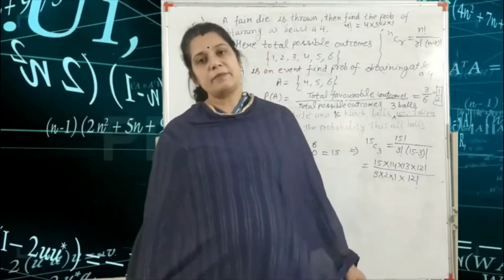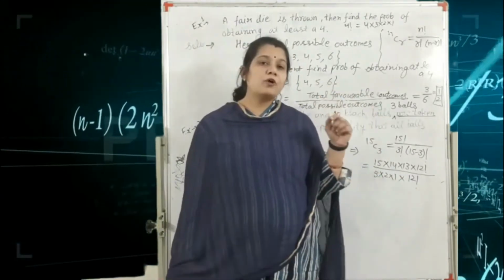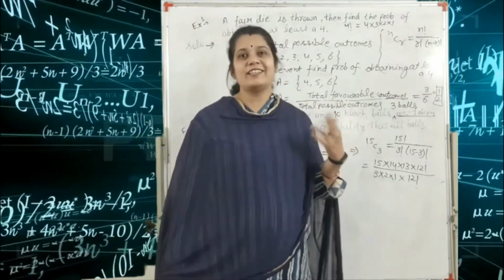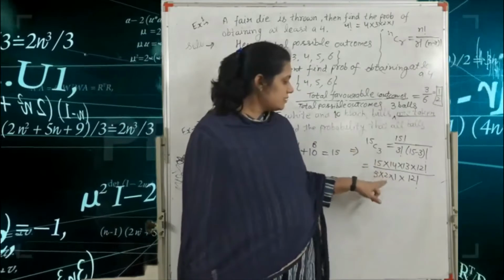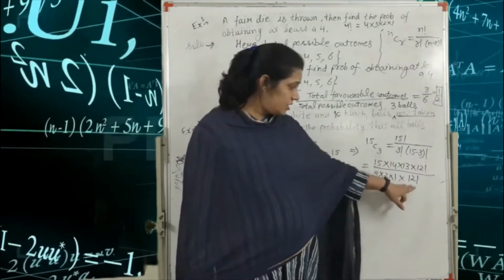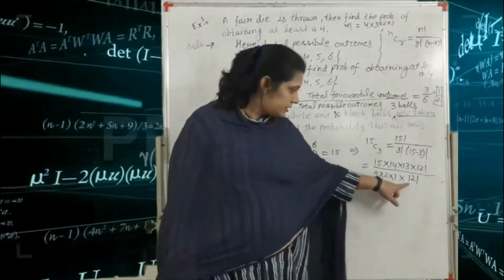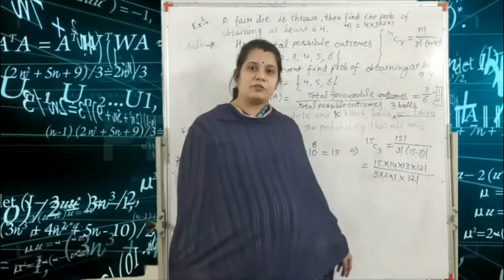Always keep in mind one important point, the logic for solving the factorial term: read the denominator first. In the denominator your value is factorial 12.